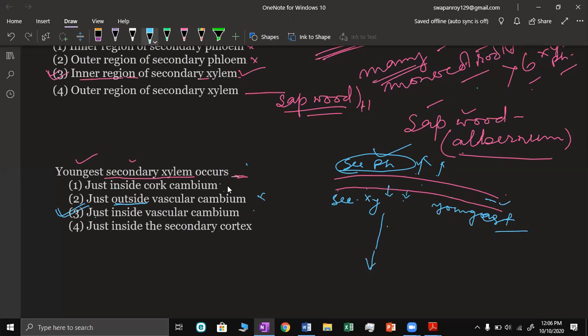No, cork cambium does not produce secondary xylem. Cork cambium produces cork and the secondary cortex. Just inside the secondary cortex? No. It is just inside the vascular cambium, on the inner side towards the center.